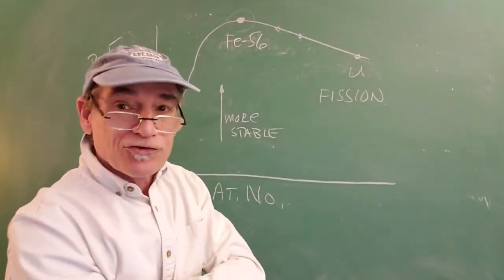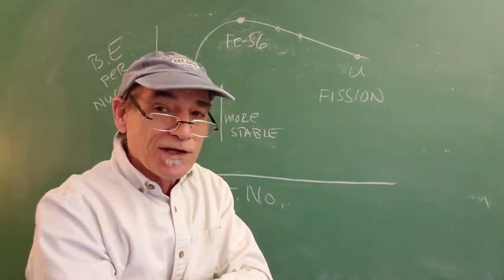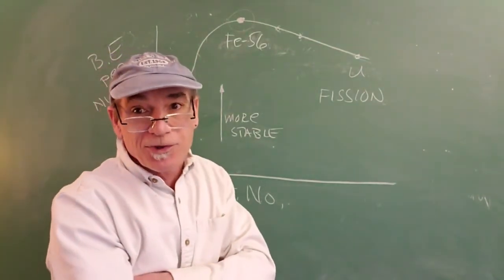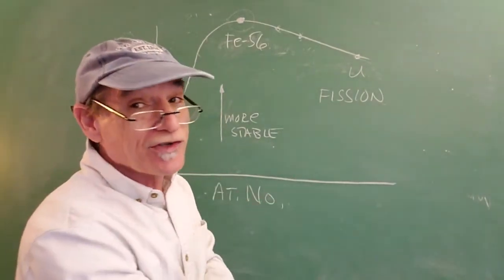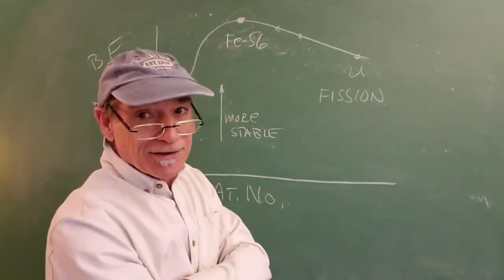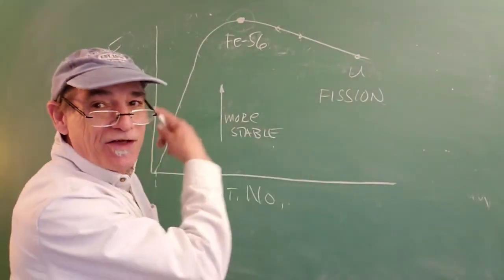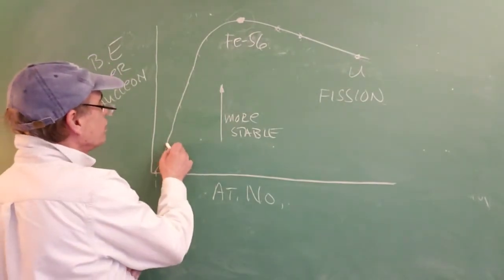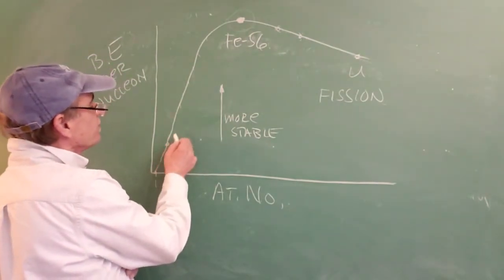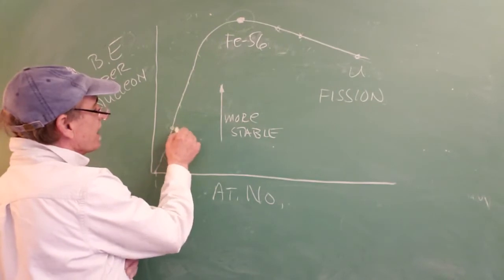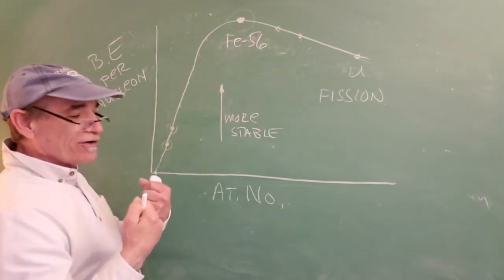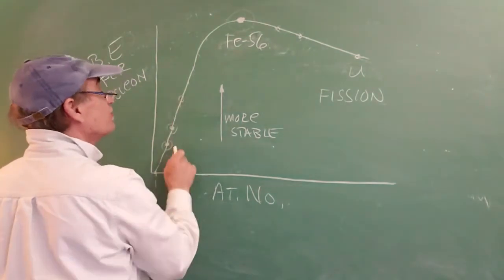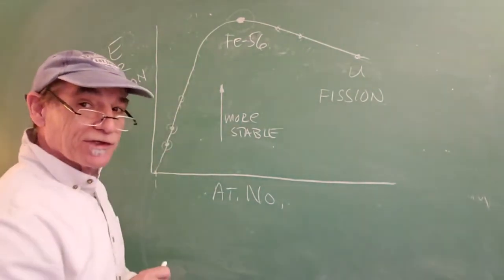Fission reactions do exactly that. When uranium splits into two smaller daughter isotopes, energy gets released because those daughter isotopes are more stable than their parent was. However, what's happening on the south side of iron-56? Down here, it turns out that if we could join two nuclei together, smack them into each other, and fuse them into a larger atom, it just got more stable and energy is released.